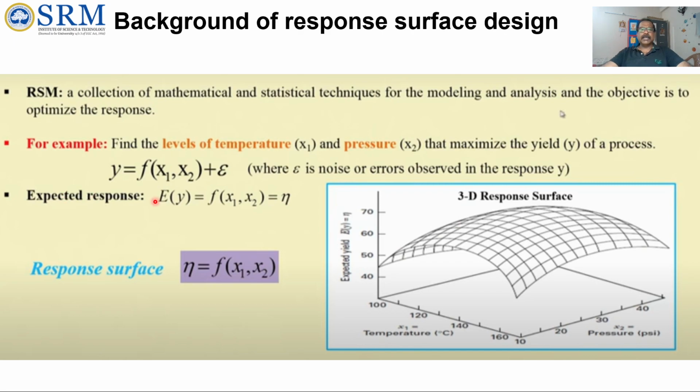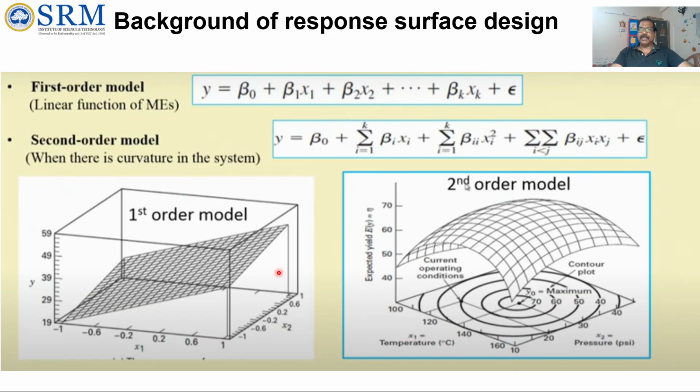The expected response needs to be a function of x1 and x2 only, without the noise factor. That's why we are doing the RSM design. Definitely error will be there, but a non-significant or negligible amount of error is acceptable for RSM design.